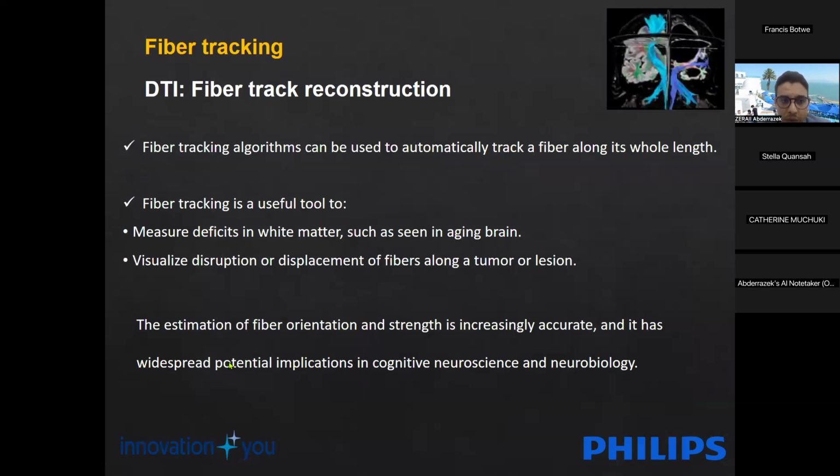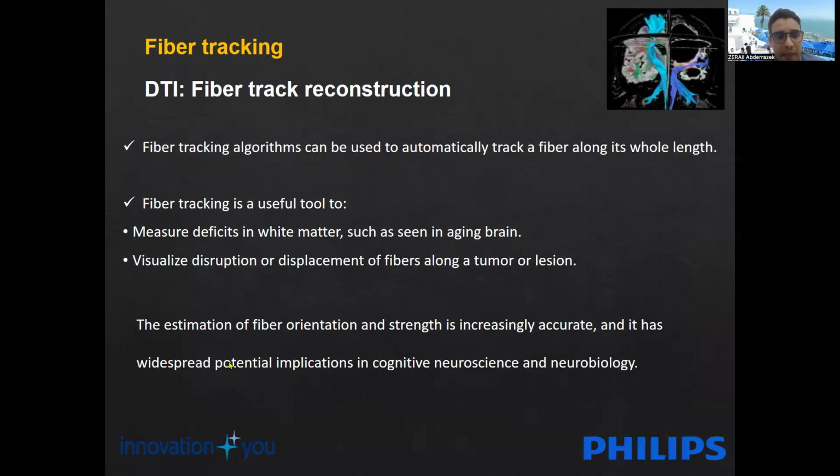Now we move on to fiber tracking and reconstruction. Fiber tracking algorithms can be used to automatically track a fiber along its whole length in whatever direction you want. For example, if you want to extract the corticospinal tract, which is responsible for movement, when someone tries to move a hand or foot, we can see an activation, for example when we work with fMRI BOLD contrast, in this bundle.